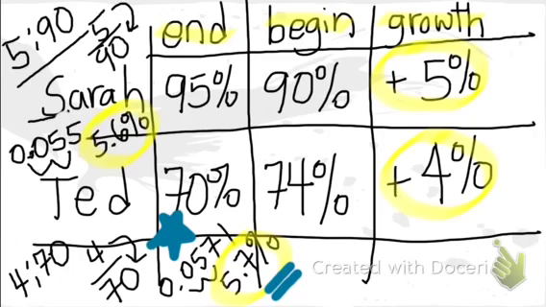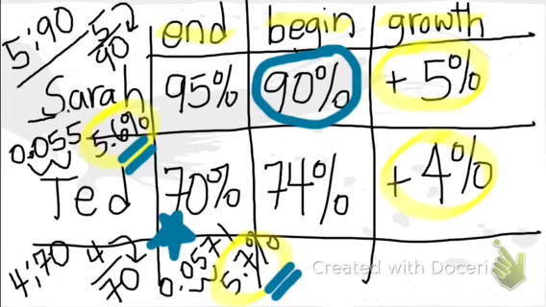Percentage growth is often a much better marker of improvement. Now, surely Sarah was a better student at the beginning of the month and at the end of the month. Well, maybe I shouldn't say better, but she's done something well. She has a higher grade. Maybe she's handed her homework in more often, or studied more. But the fact is, Ted improved slightly more than she did.